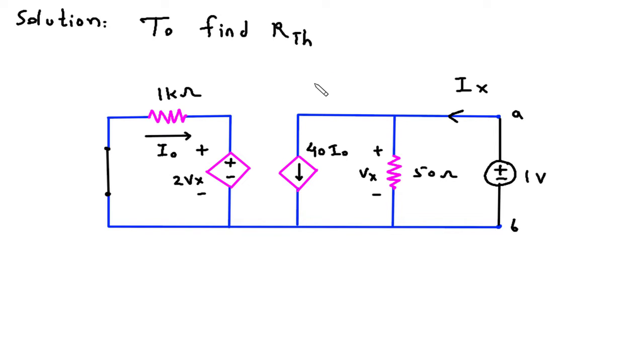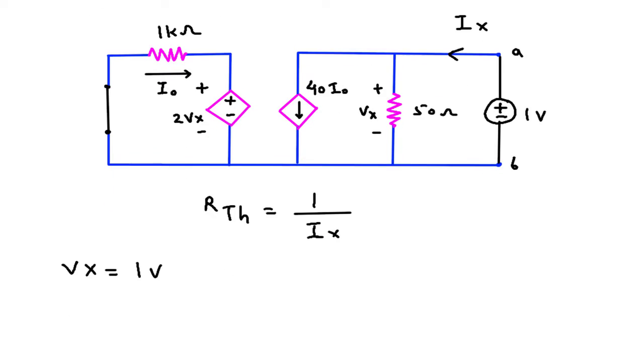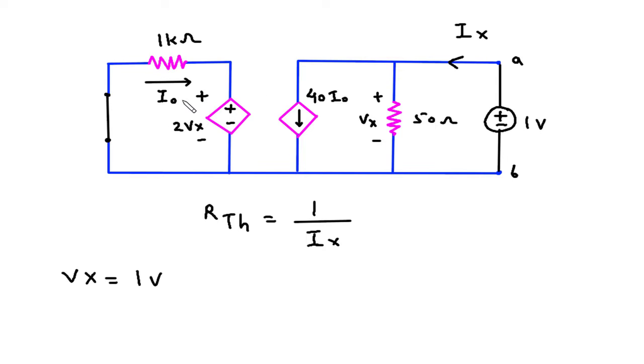Then from this RTh will be equal to 1 by Ix. Now to find the value of RTh, we need the value of Ix. As we can see, Vx is equal to 1 volt. From this we can find the value of IO.